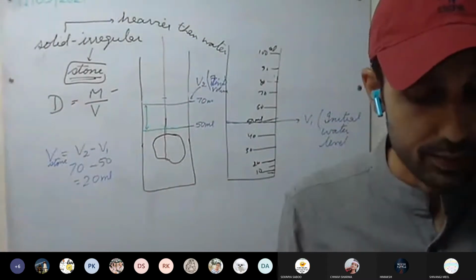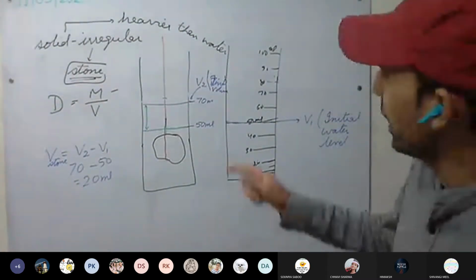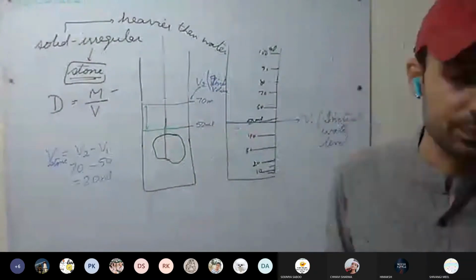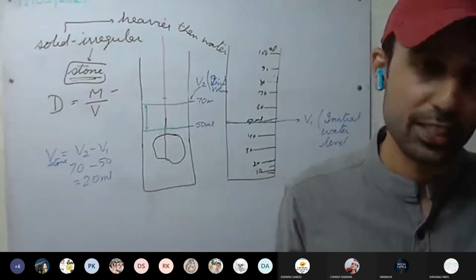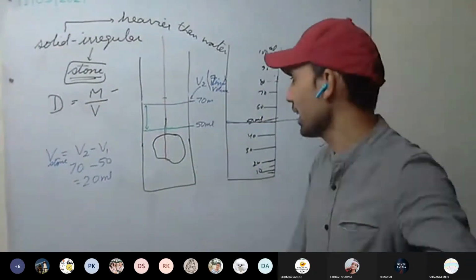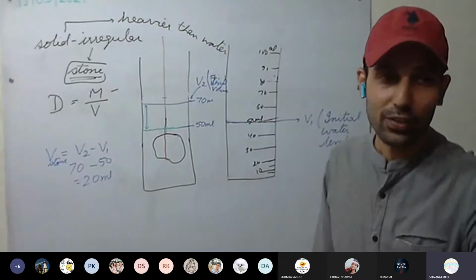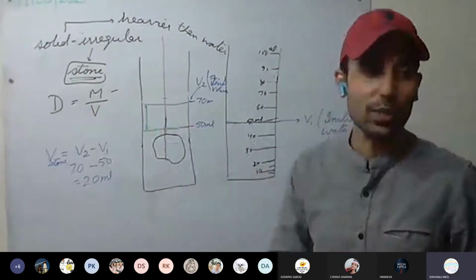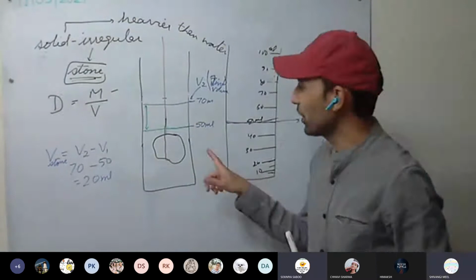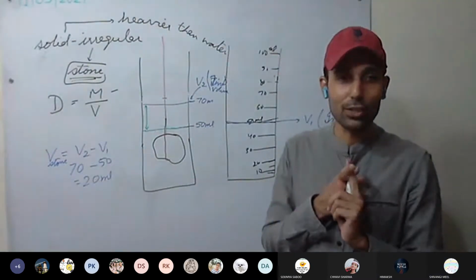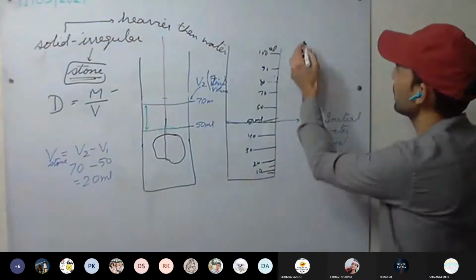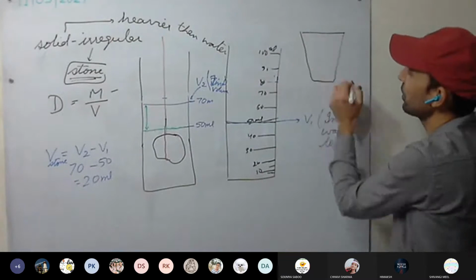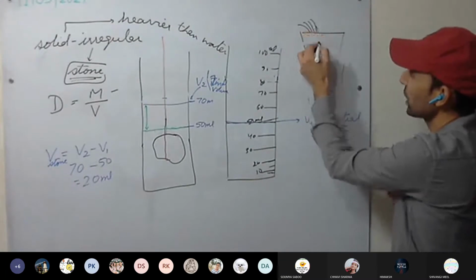Okay, this is clear? To determine the density of an irregular solid, it must be heavier than water and insoluble in it also. If it is soluble, then there will be a problem. We have discussed earlier in molecular theory one experiment, yes or no? Water up to the brim, we took, we were adding sugar to it.